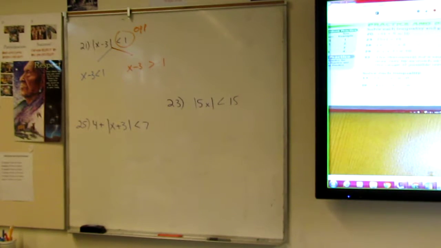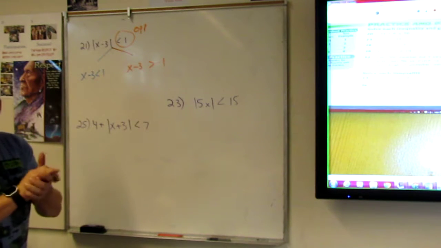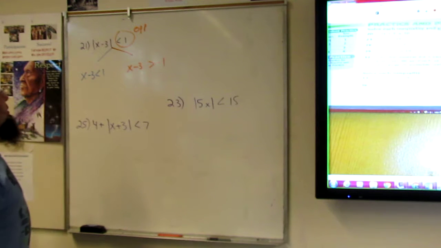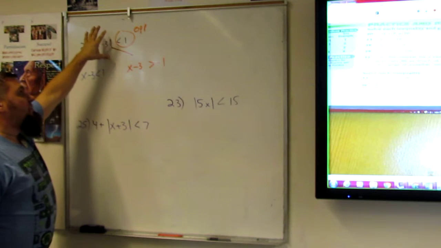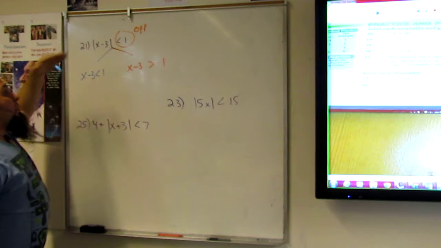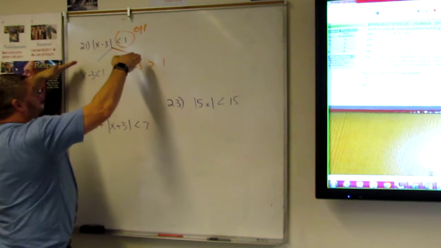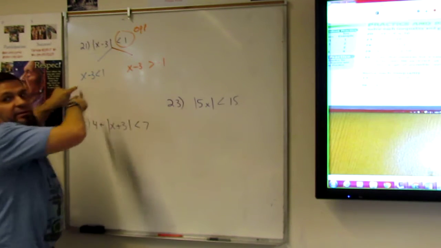Okay, so 21. We've got the absolute value of x minus 3 is less than 1. Now, whenever we see the absolute value sign, we're going to split it up. The first one, we put exactly what is there.